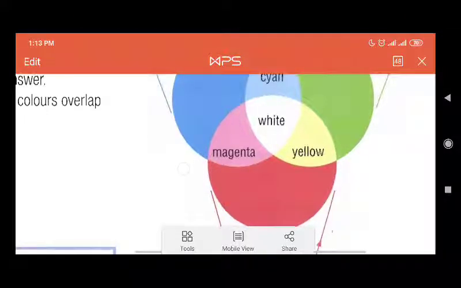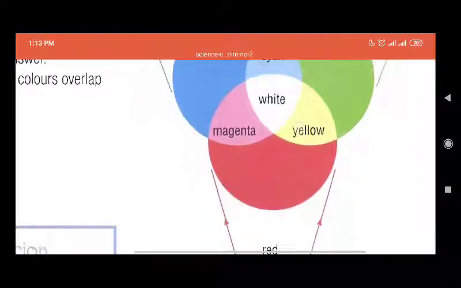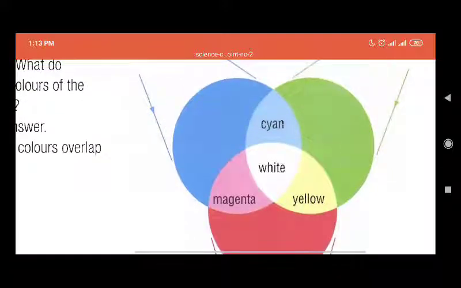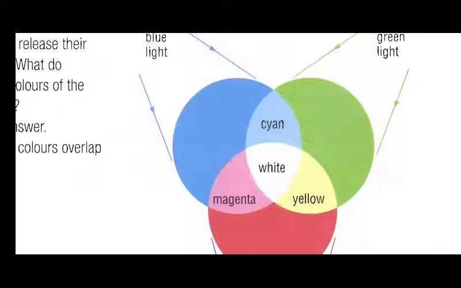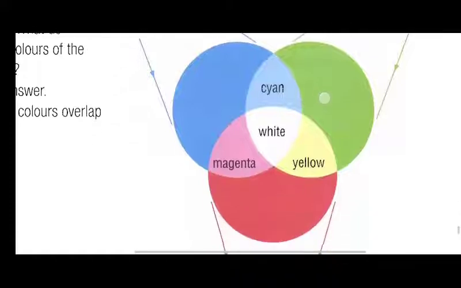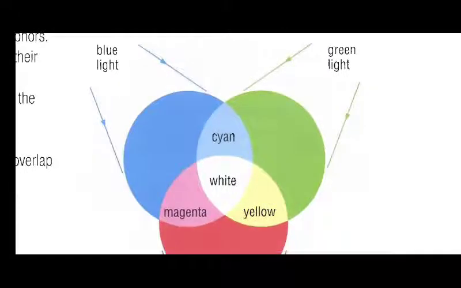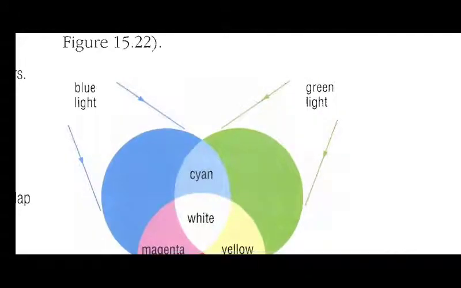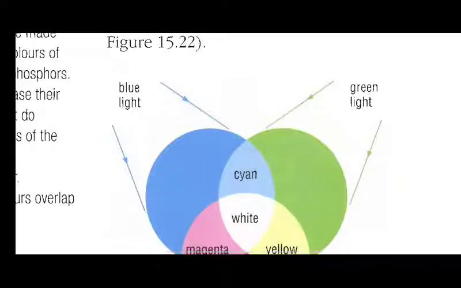So that's the color you produce when you combine blue and red. Now, when you combine blue and green, the color that you produce is called cyan.